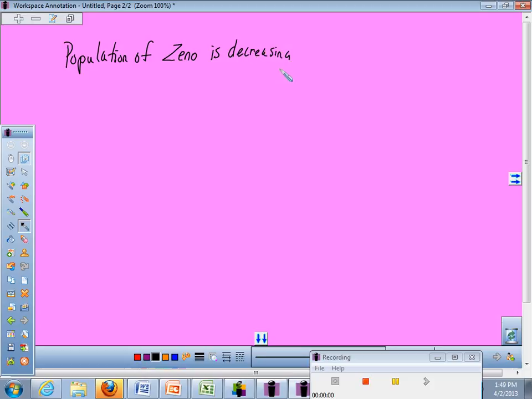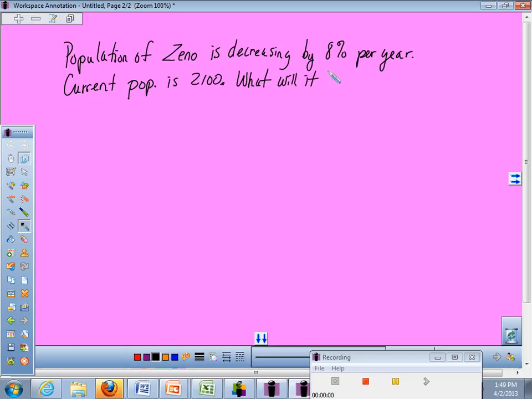Unfortunately, Zeno's population is decreasing by 8% per year. That's a lot. Okay. The current population is 2,100 people. What will it be in 7 years?